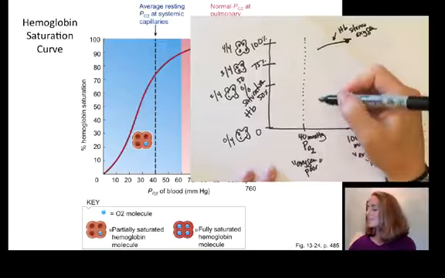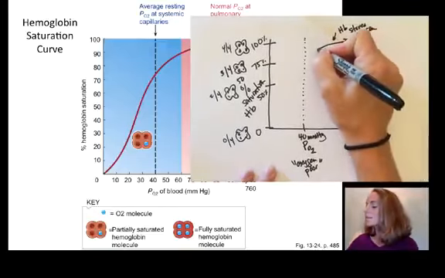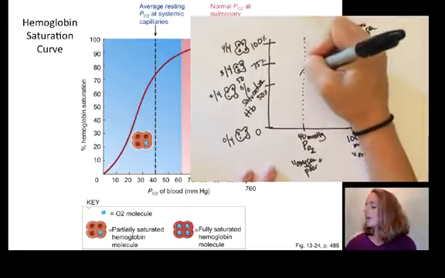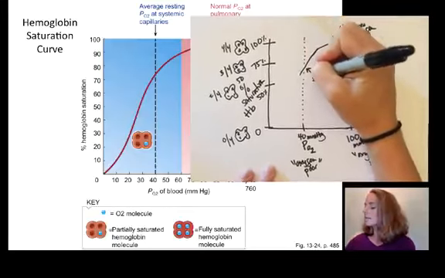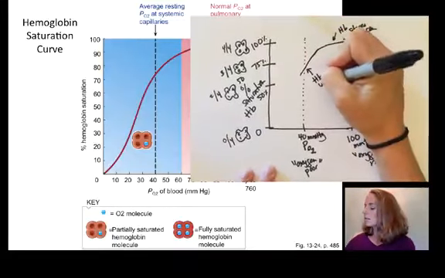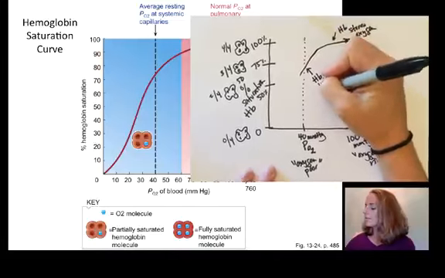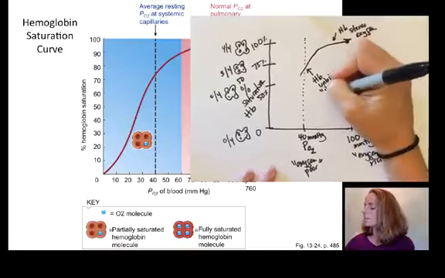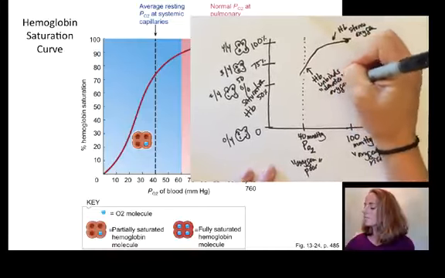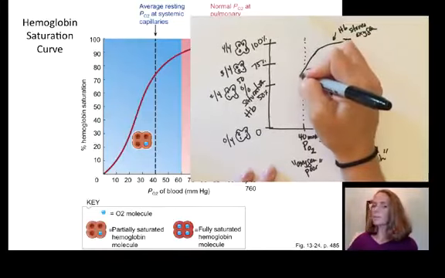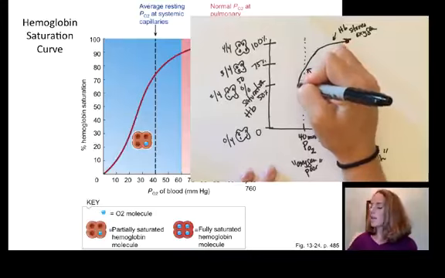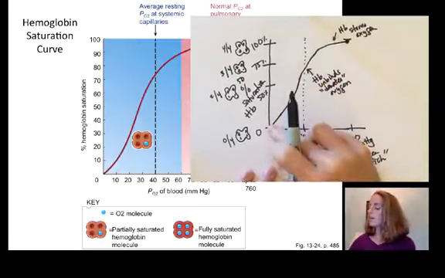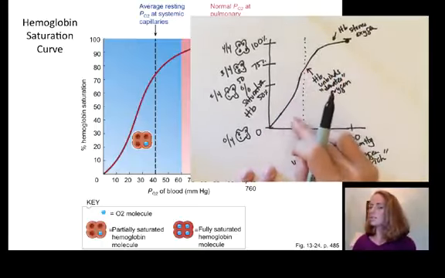And as it gets into these lower environments, hemoglobin starts to let go and unbind, or donates. We're saying donates, right? Oxygen. So hemoglobin is going to unbind oxygen, and it's going to do so very, very well in these tissues.